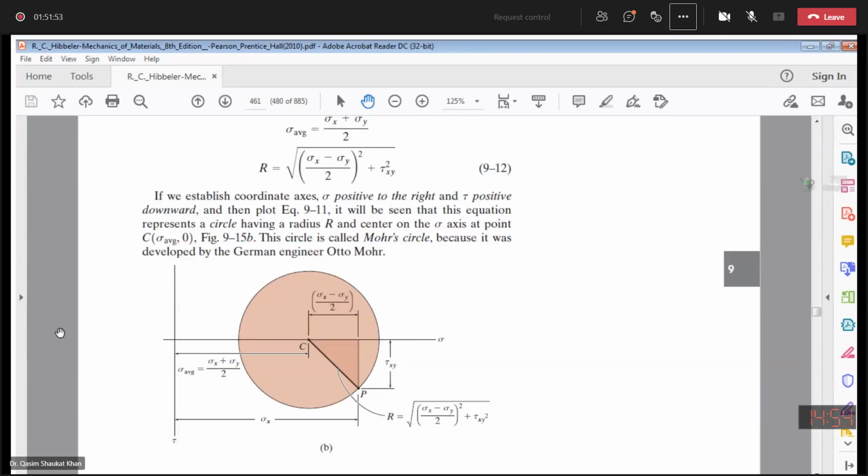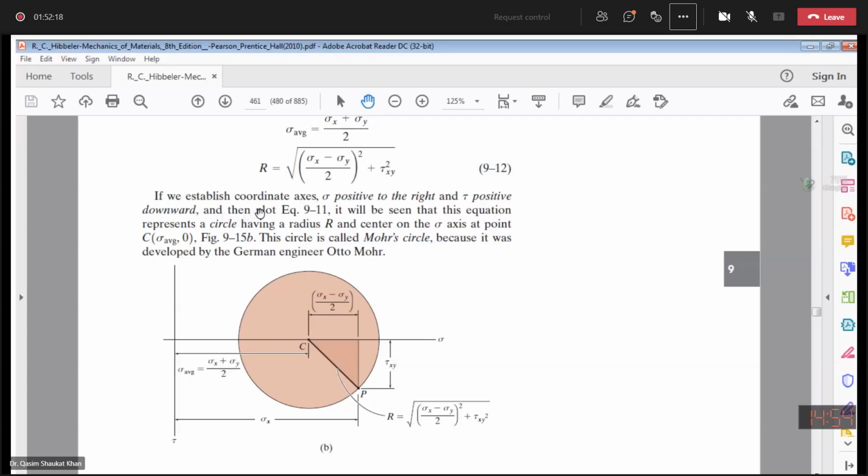But with the shear stress, it is different. Shear stress is considered positive downwards, where shear stress upwards is negative. Okay? So this is the first difference. Please note this down: shear stress is positive downwards in the Mohr circle and negative upwards.